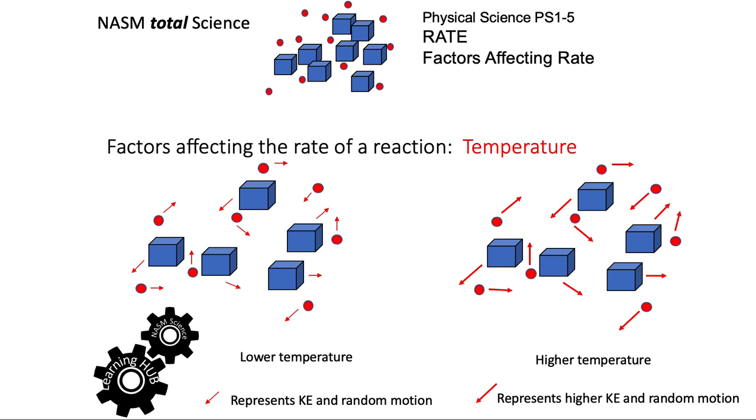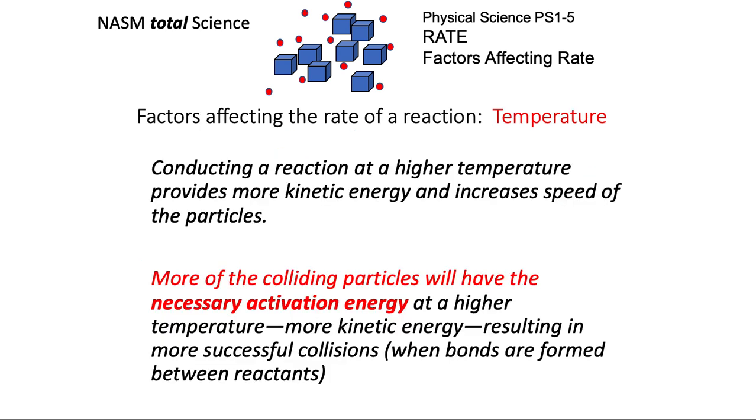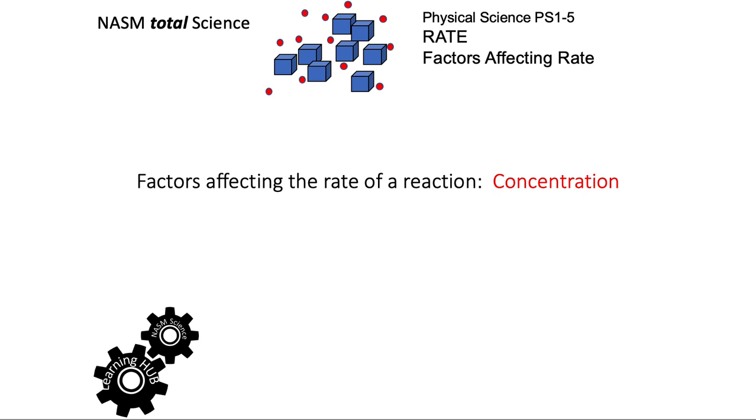The diagram here, smaller arrows showing motion on the left-hand diagram at a lower temperature, larger arrows, greater kinetic energy at the higher temperature. And so at a higher temperature, more of the colliding particles will have the necessary activation energy, which means that there'll be more successful collisions.